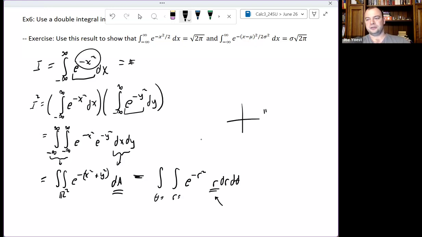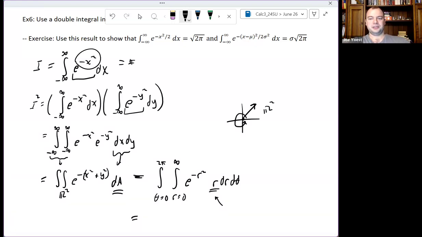On R2, of course, theta can go from 0 to 2 pi, and r can go from 0 to infinity. I see that this is a quote rectangular region in the sense that the bounds on theta and the bounds on r do not depend on, neither one depends on the other.